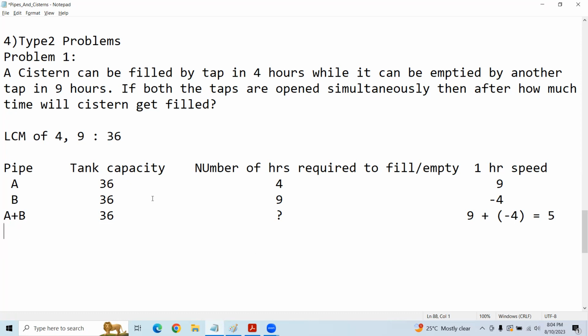So in 1 hour, our speed A plus B is 5. To fill 36 liters, 36 upon 5, which you can say is 7.2 hours. 5 sevens are 35, 5 twos are 10. So it will be filled completely in 7.2 hours.